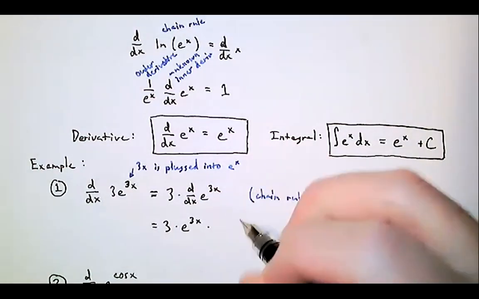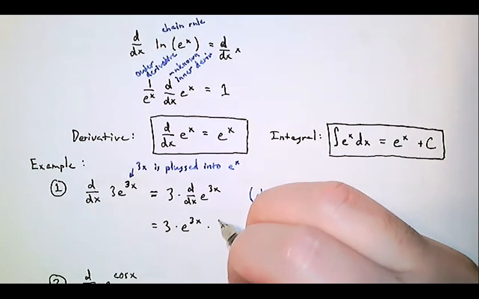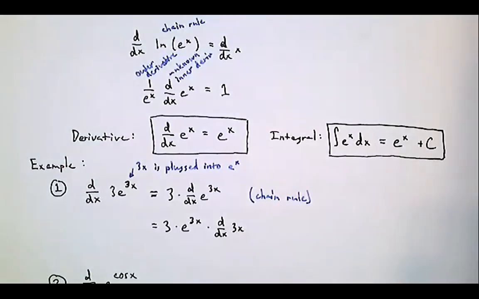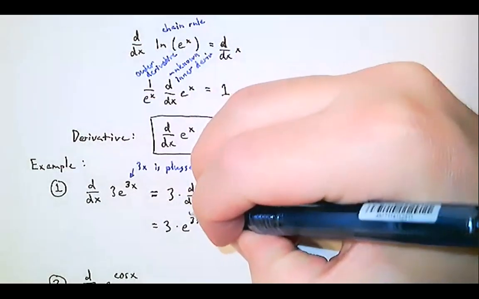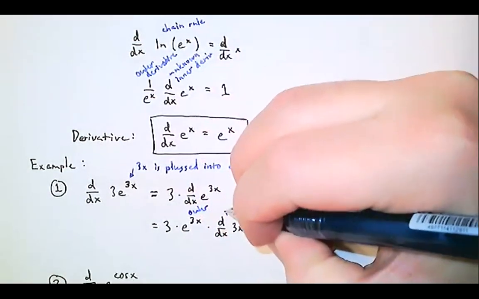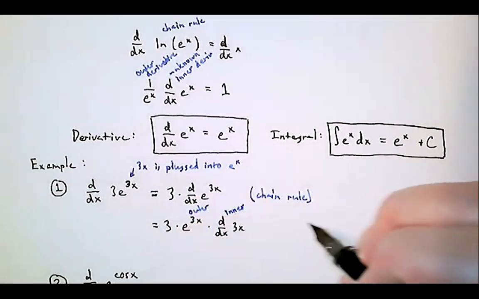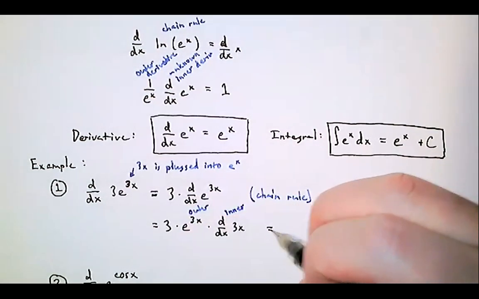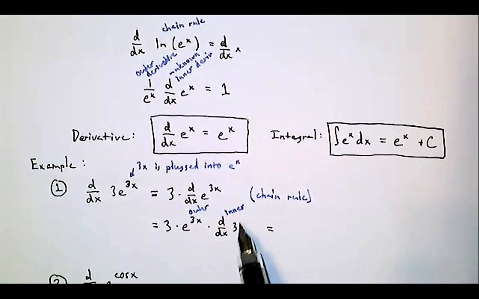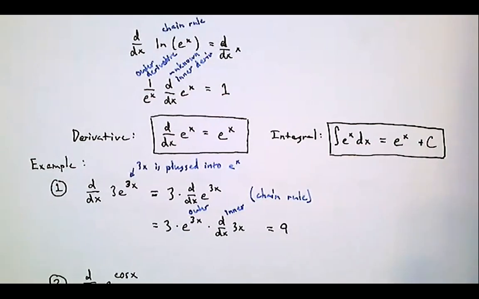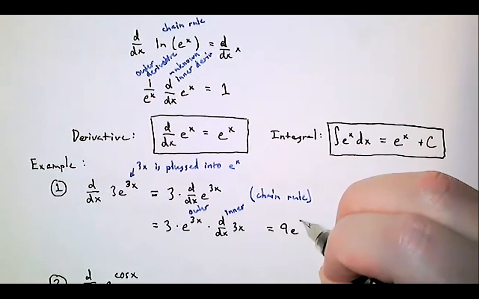And then we need to multiply by the inner derivative. We'll try not to do too many steps at once. So here's the outer derivative, here's the inner, and then the inner derivative of 3x is just 3, of course. Let's work this way. So 3 we get from here, we have another 3 in front already. That means overall we're going to get a 9 e to the 3x.